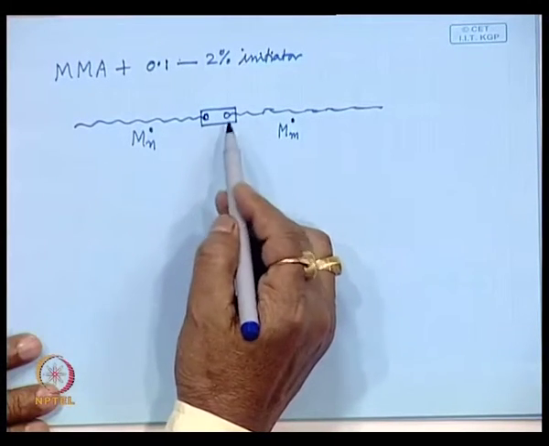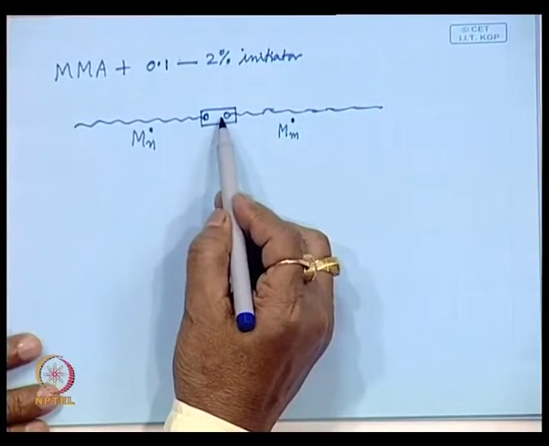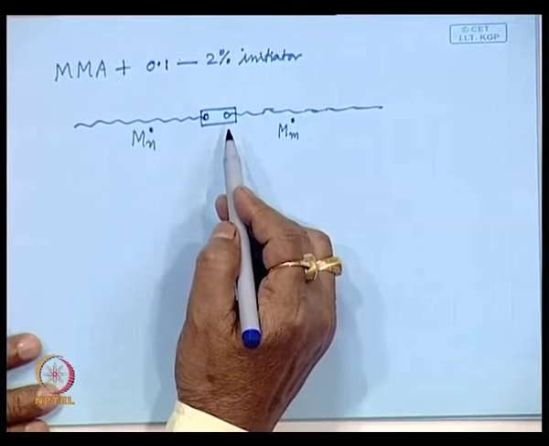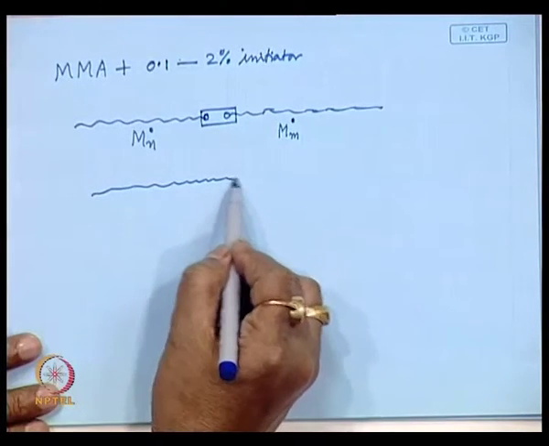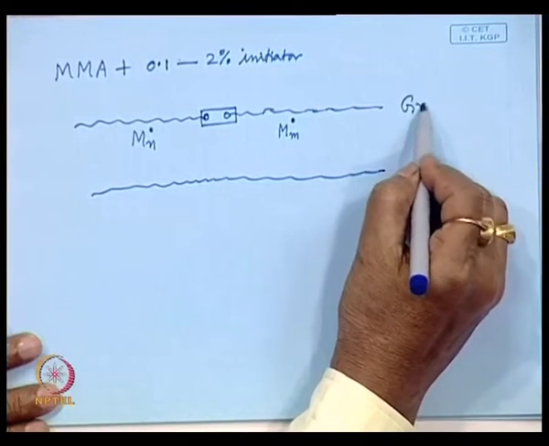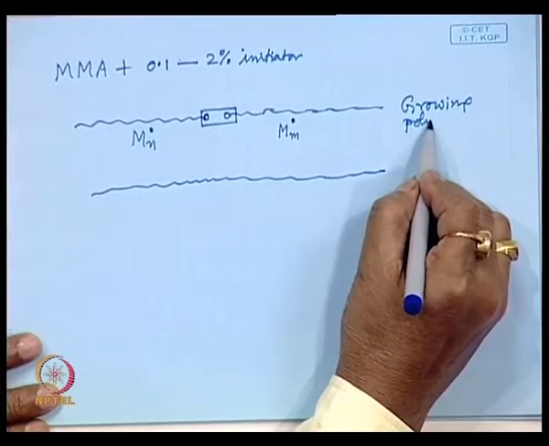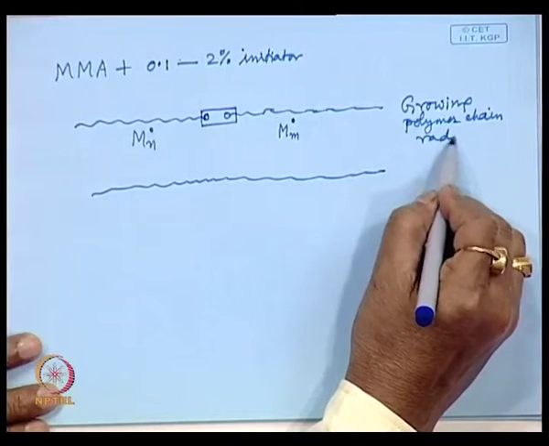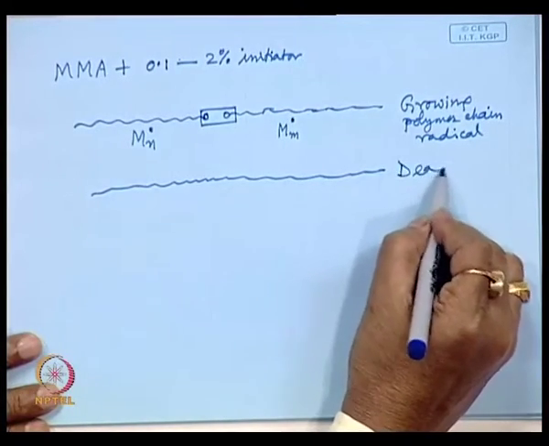Here these two radicals couple forming a covalent bond, because two free radicals can react. So in effect, what we are getting is a dead polymer molecule.